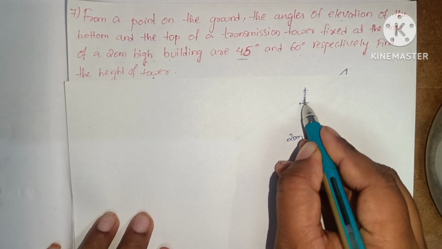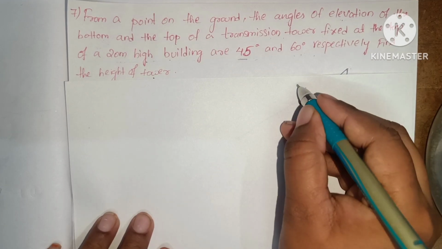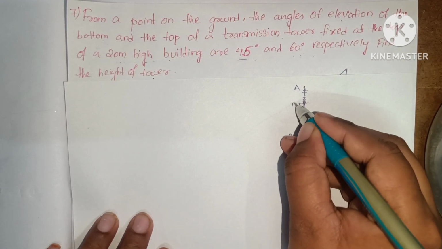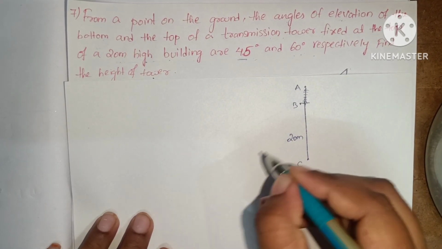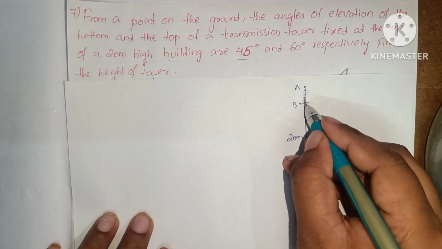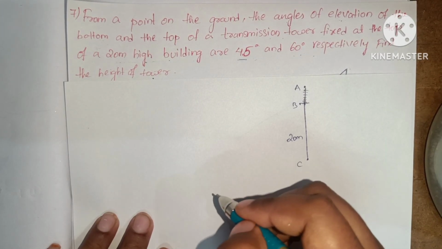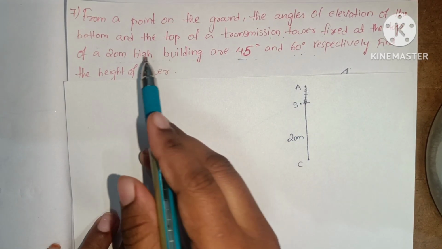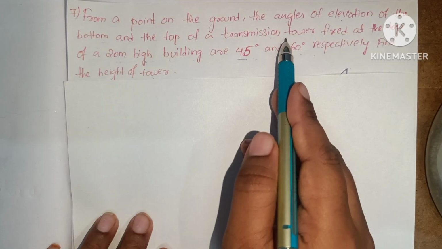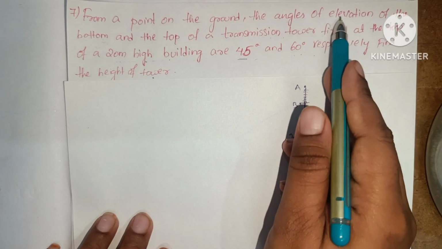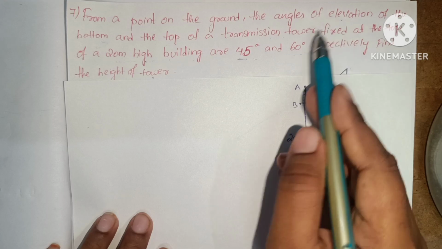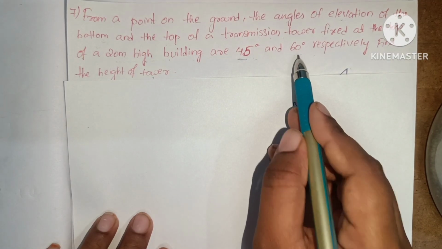So if you keep this point A, this point B, this point C. So B is the bottom of the tower, A is the top of the tower. So what he said, the bottom of the tower and the top of the tower created angles of elevation of 45 degree and 60 degree.